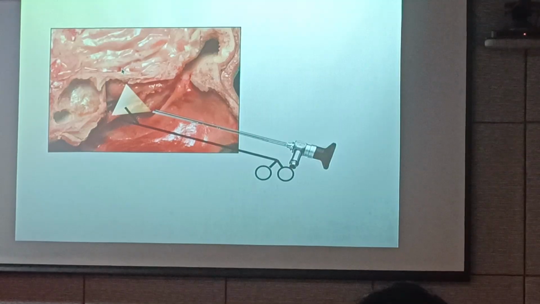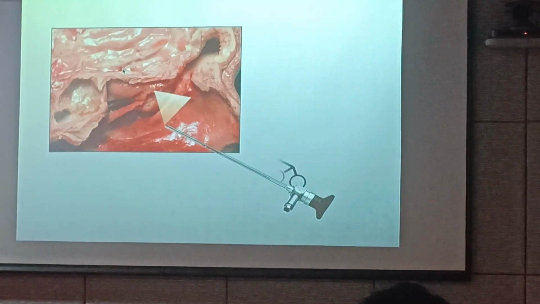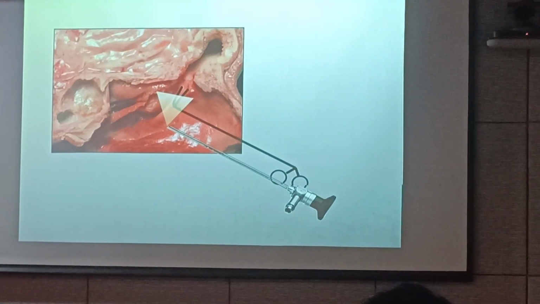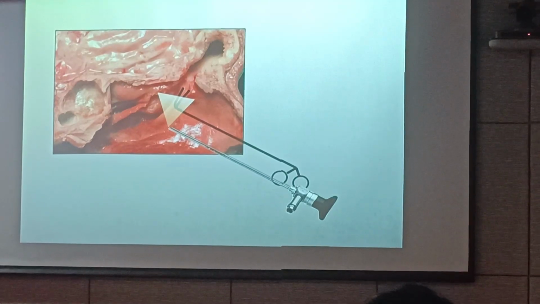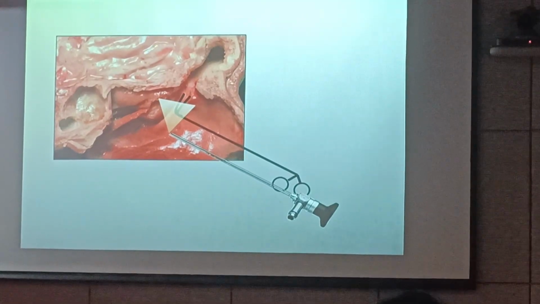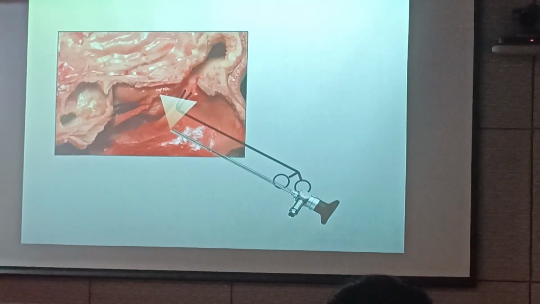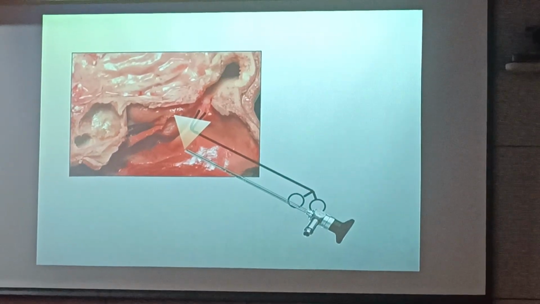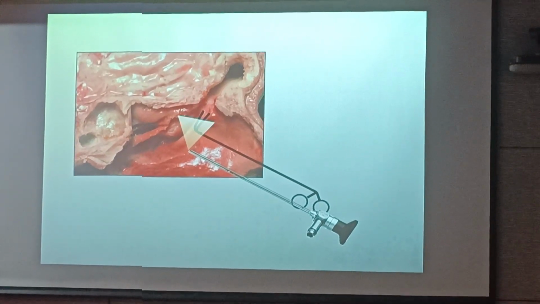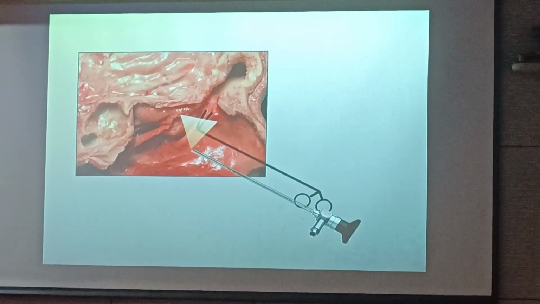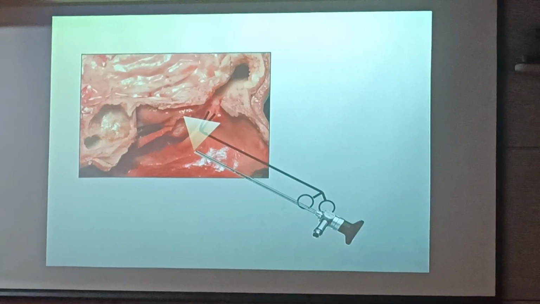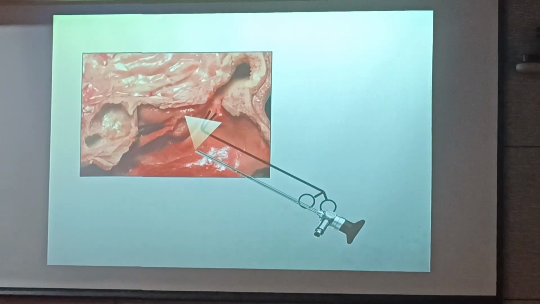But when you use angled instruments, your hand is moving in the x-axis, but your scope is looking in the y-axis and your instrument is operating in the y-axis. So though your hand moves this way, the movement of the instrument is in the y-axis, and because of this difference between the x and y-axis, you have difficulty in hand-eye coordination.